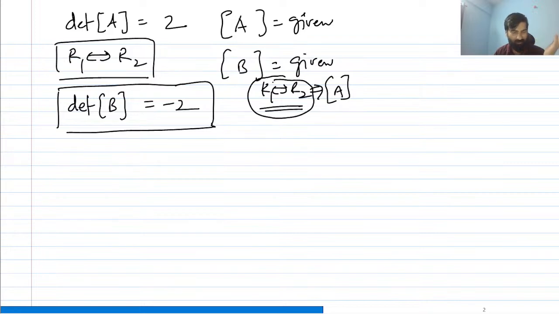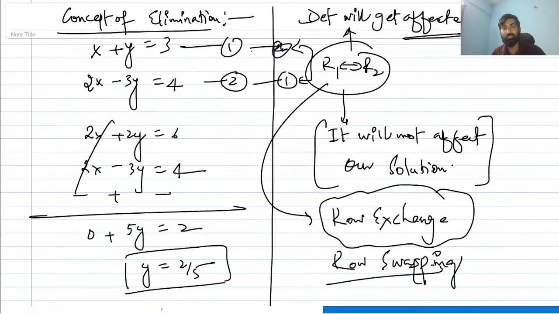So this will affect the determinant: a minus sign will come in front of it. But in case of the solution, nothing is going to change. This you have to keep in mind always. Many students have a lot of confusion in this. If you are taking the first equation as second or the second as first, it means you are interchanging rows, guys, nothing else in terms of matrix.